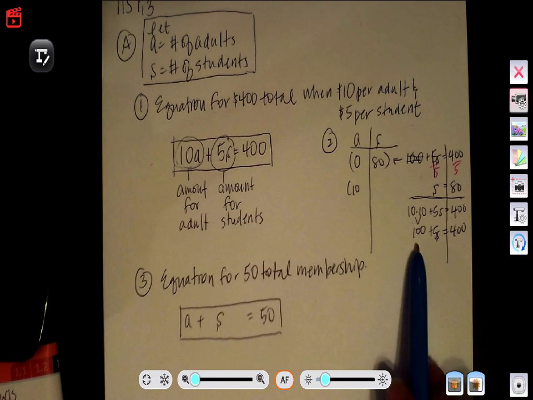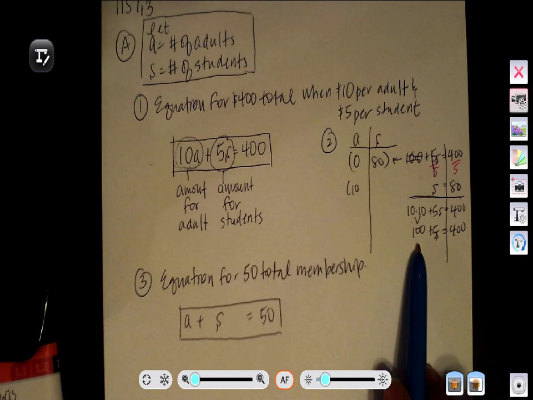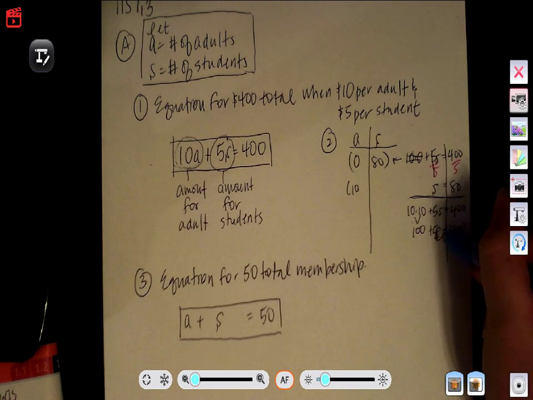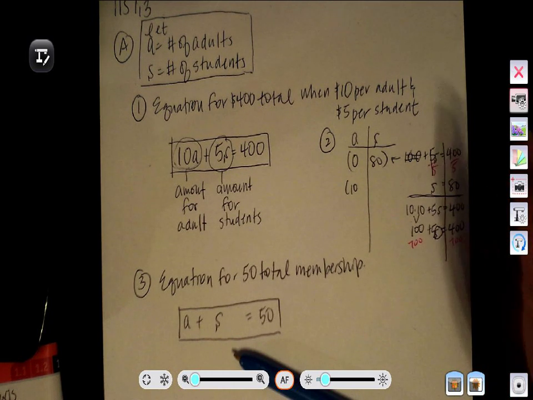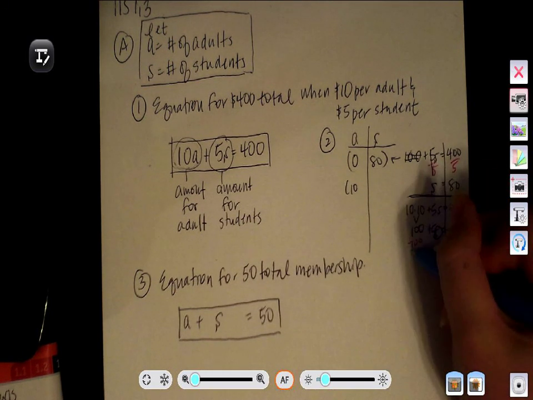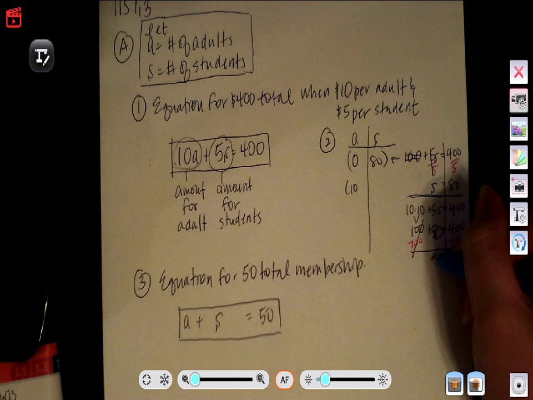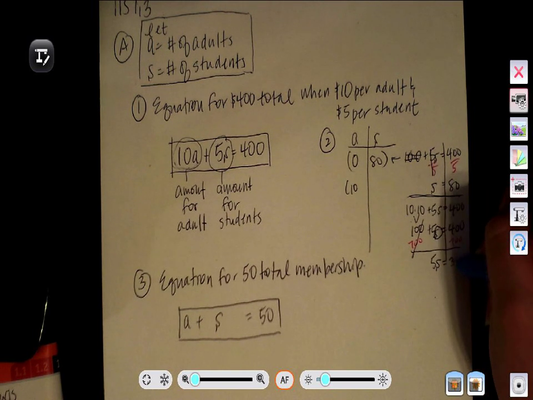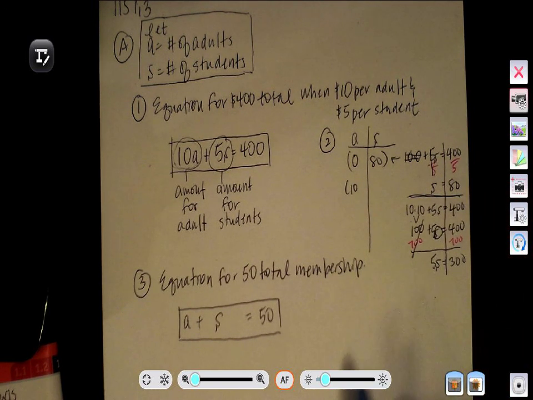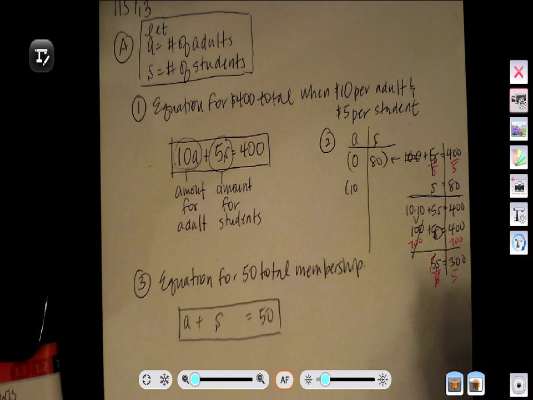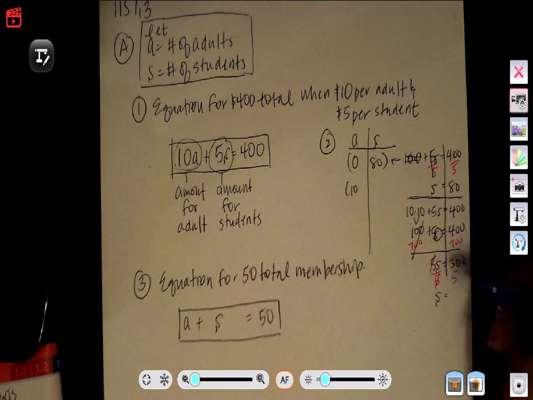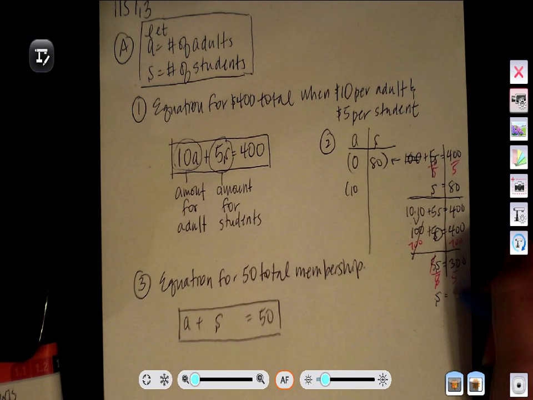If you spend $100 on adults so far and your goal is to isolate the S, subtract 100 from both sides of the equation, meaning since you already spent $100, between the students you're going to have $300 to spend, and at $5 a person, divide by 5 on both sides of the equation to find out that S in this scenario would be 60 people.